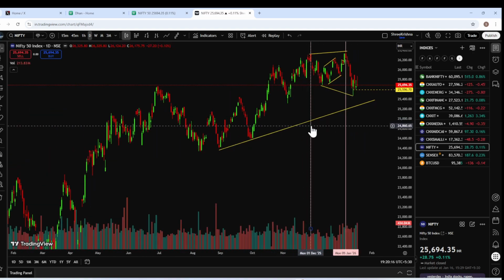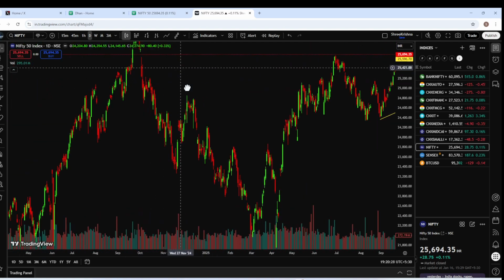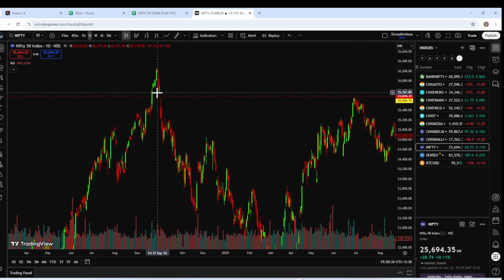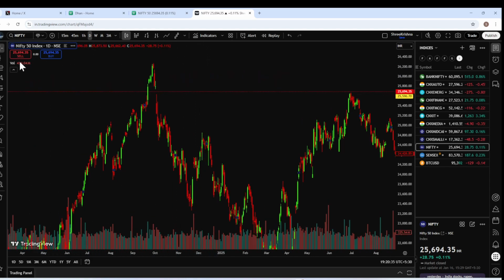I will show you both. This volume is 213.83 million, and this volume is 338 million. 100 million is more, but when you see this one, it is 490 million. So let me put the volume indicator.